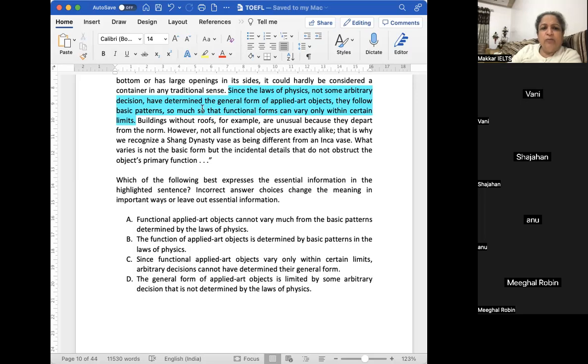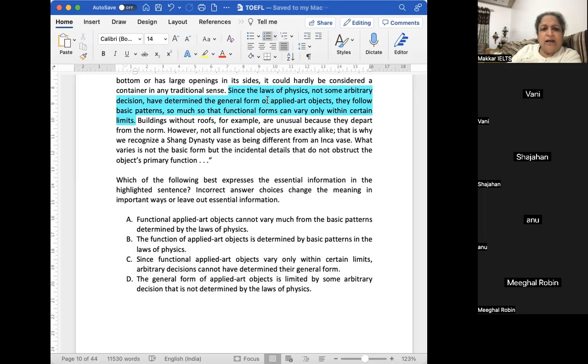The general form, they follow basic pattern. So is the function of applied art determined by basic patterns anyway? C, since functional applied art objects vary only within certain limits, arbitrary decisions cannot have determined their general form. Yeah, C is correct.